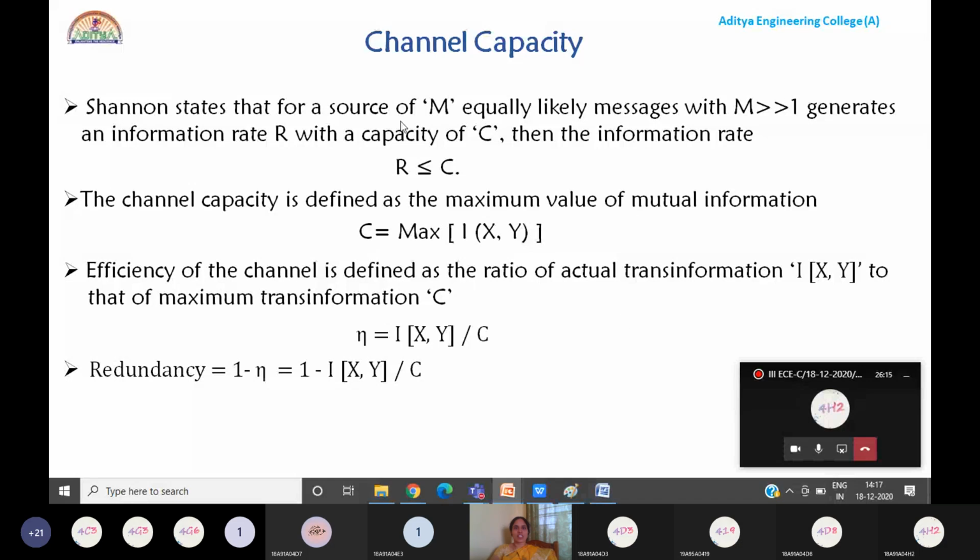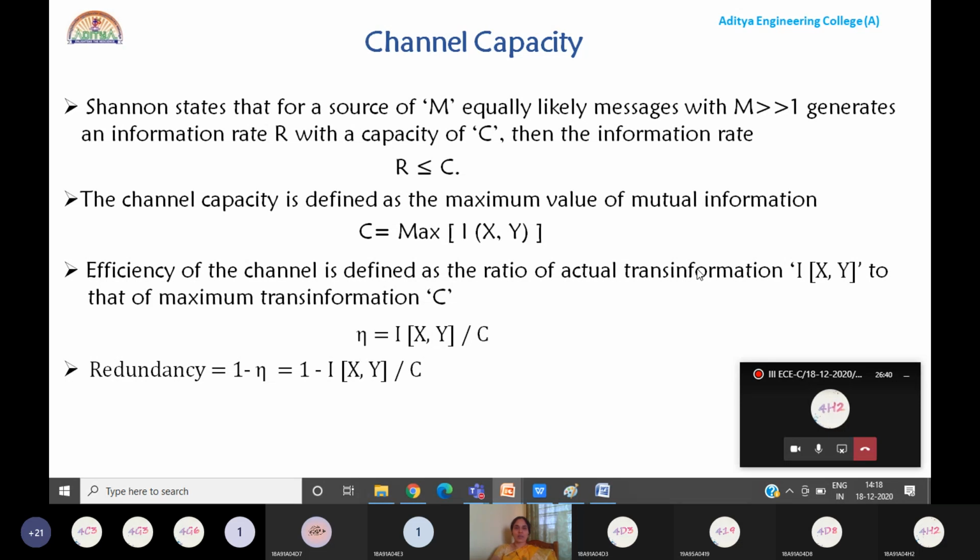So this is the basic definition of channel capacity, which is the maximum of I of xy. And the capacity of a channel should always be greater than or equal to the information rate. That is stated by Shannon.